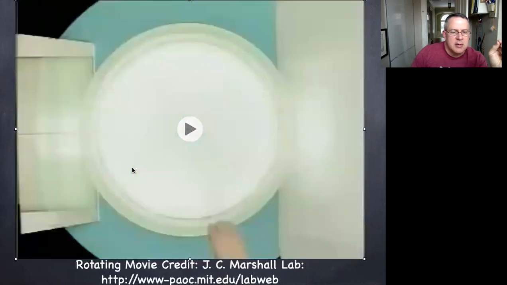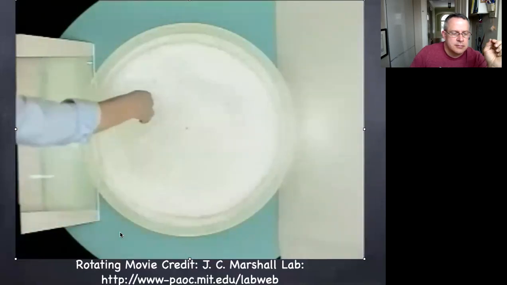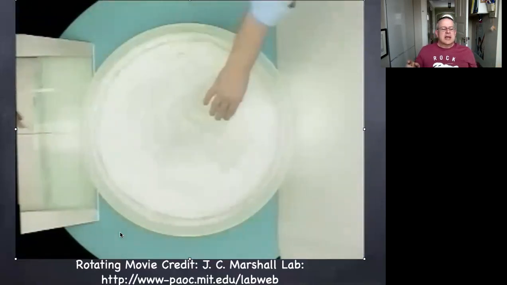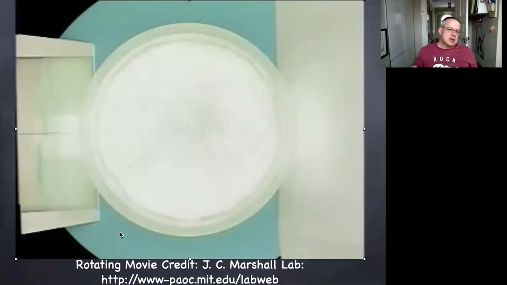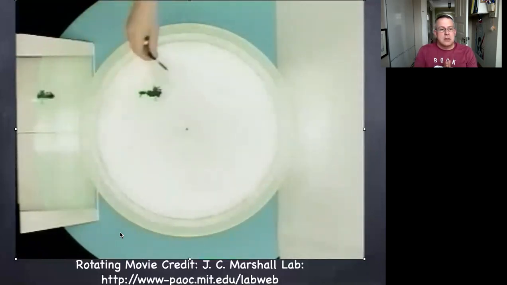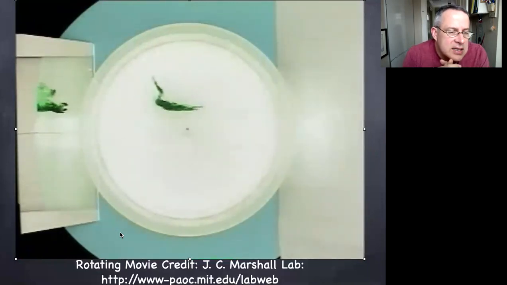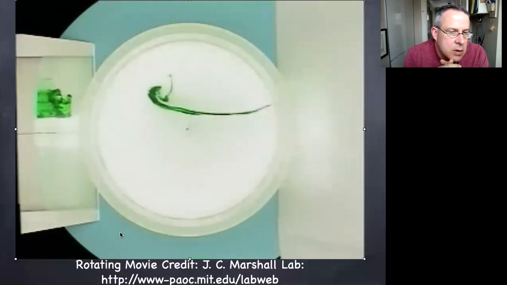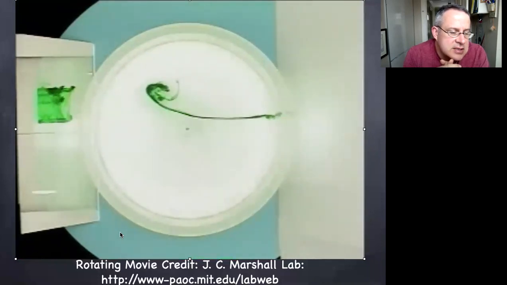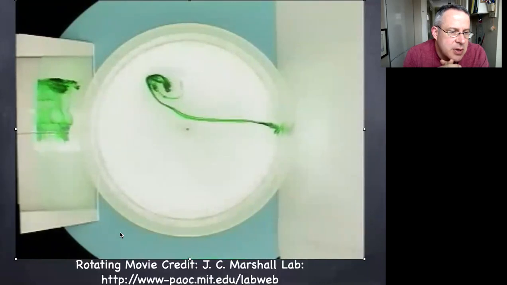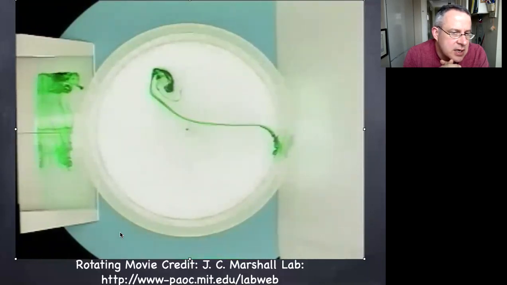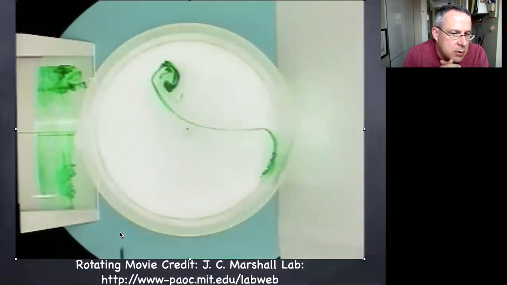So now let's go back to our movie. Remember what happened in the rotating tank case? It spreads out like curtains of flow. So the velocity at the top of the tank and the velocity at the bottom of the tank, to decent approximation, are the same.